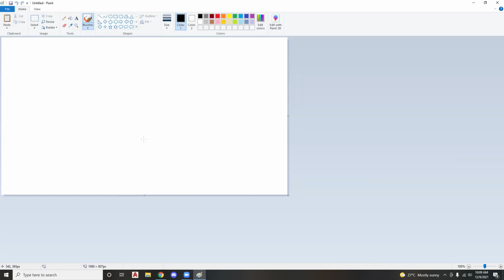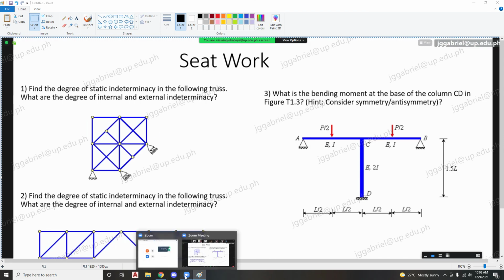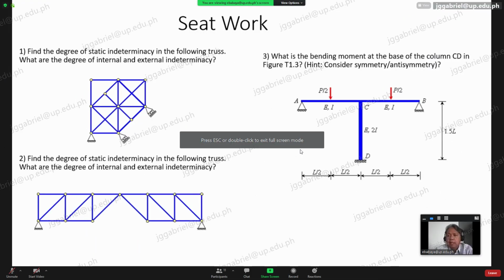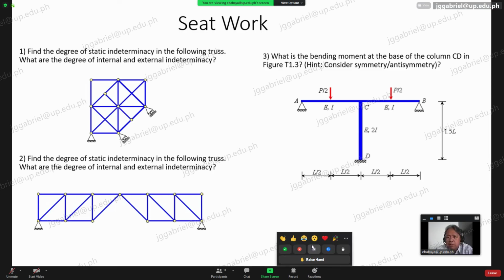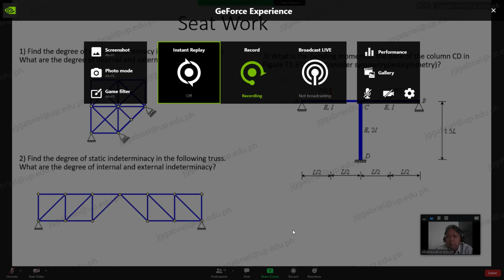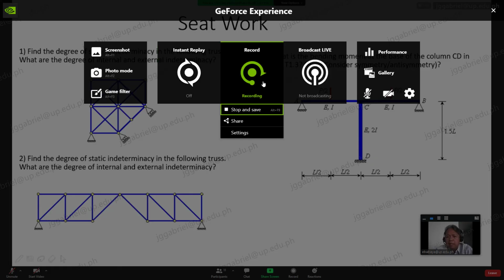Okay, and then we take a break for a while. Let's have a 10-minute break. Okay, docs. Sige, screenshot nyo na. And then give me a thumbs up sign if you have screenshotted it already. Yan, good. Mga sanay mag-screenshot.